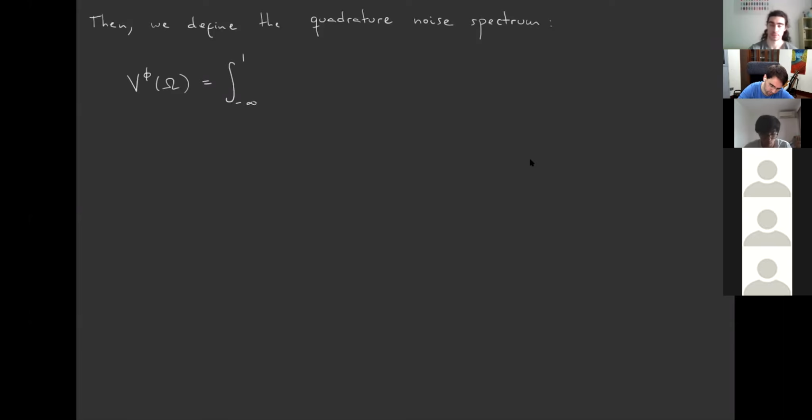And this is just a Fourier transform, or more generally a power spectrum, but let's focus on stationary cases. And then we get this Fourier kernel, and now we have here the two-time correlation function of the quadrature fluctuations.